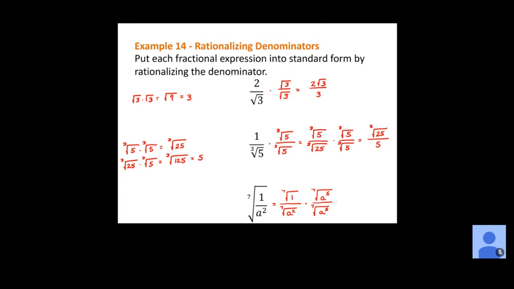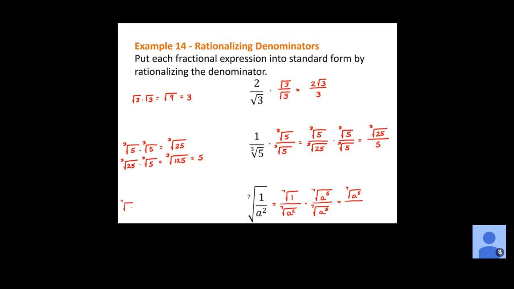Now, if we multiply these numerators together, what's that going to give us? What's the seventh root of 1? Just 1, right? And so then we just keep the radical that we've got there. So this is the seventh root of a to the fifth. And now, like we said, our denominator is just going to give us the seventh root of a to the seventh power.